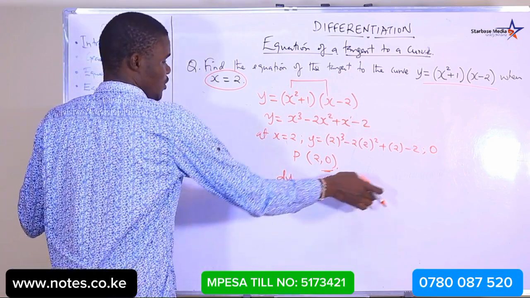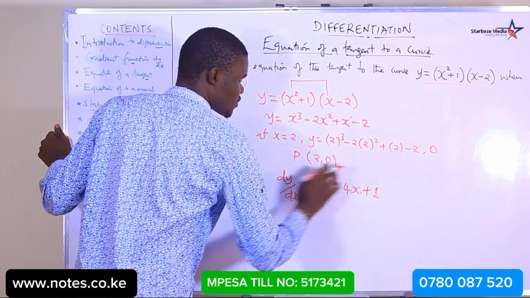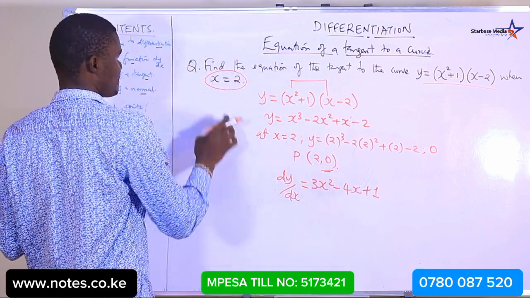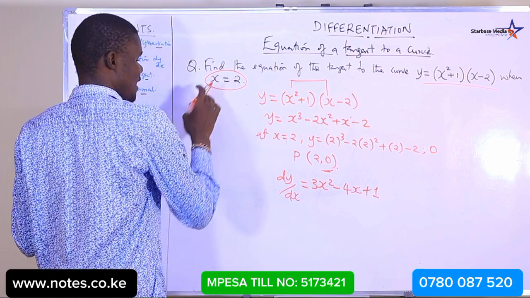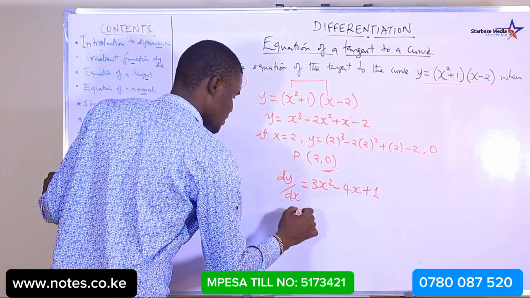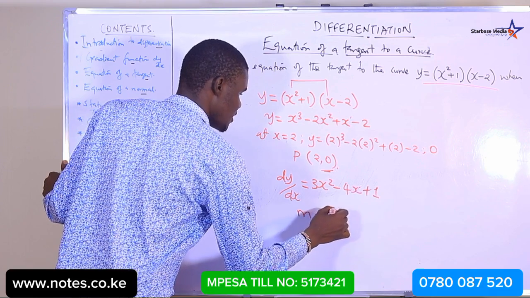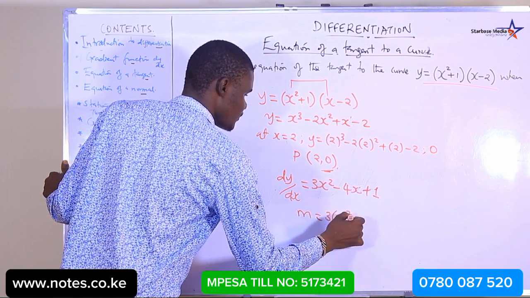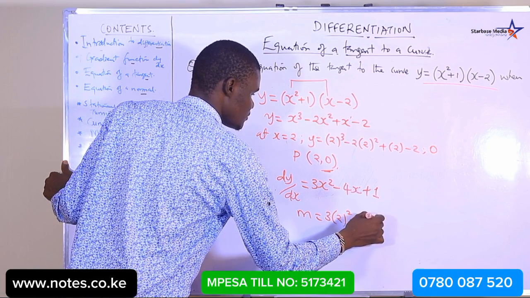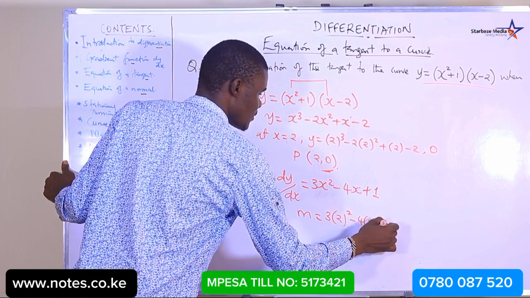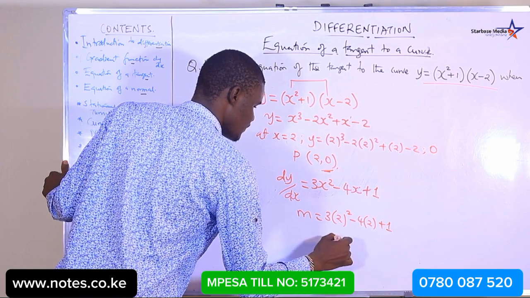So this is the gradient function. So we replace the value of x in order to get the gradient. So what is our m? M will be 3 into 2 squared minus 4 into 2 plus 1. What is the gradient at that point?